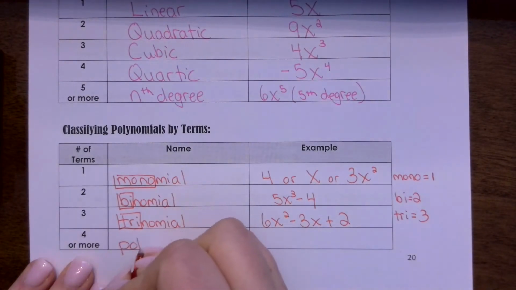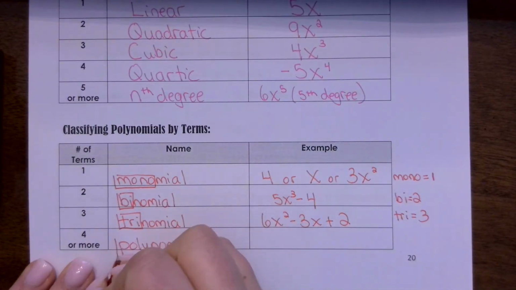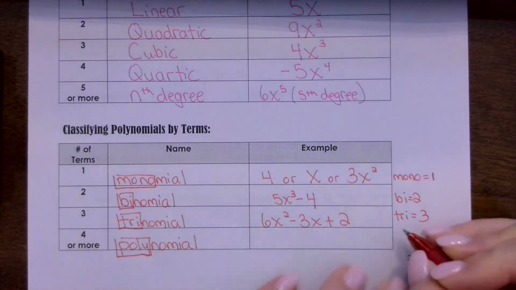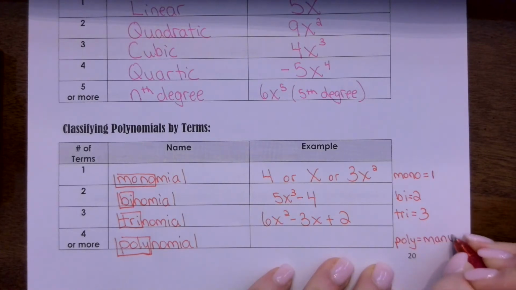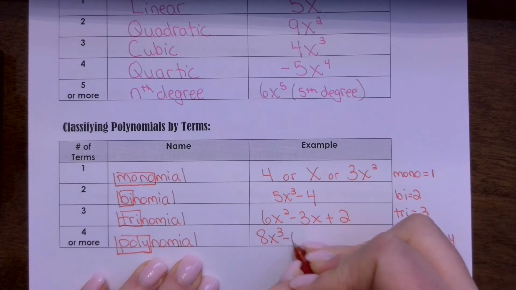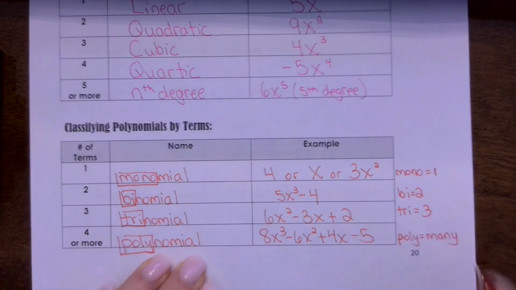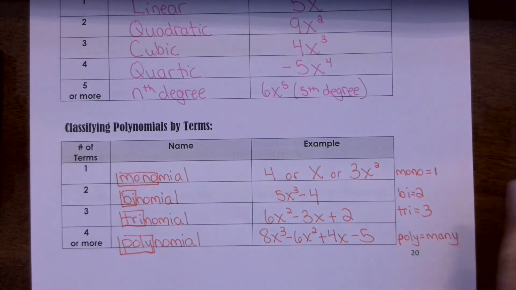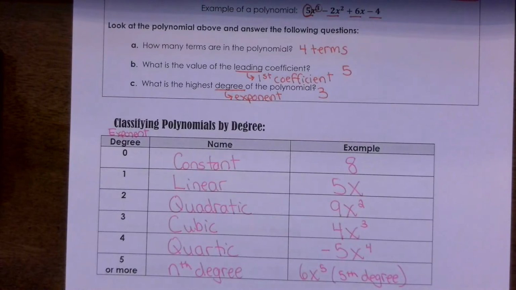Here is where I bring in the word polynomial. And this word poly, this root, poly equals many. So it's many terms. 8x cubed minus 6x squared plus 4x minus 5. 4 or more. Let's go on to our next page and see what we might do with this information.